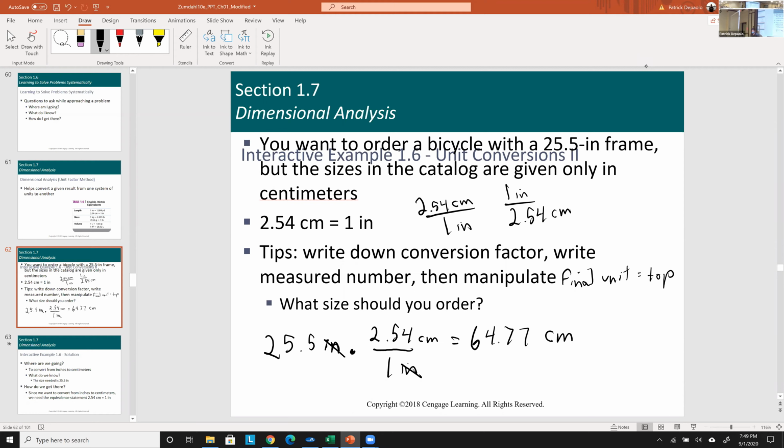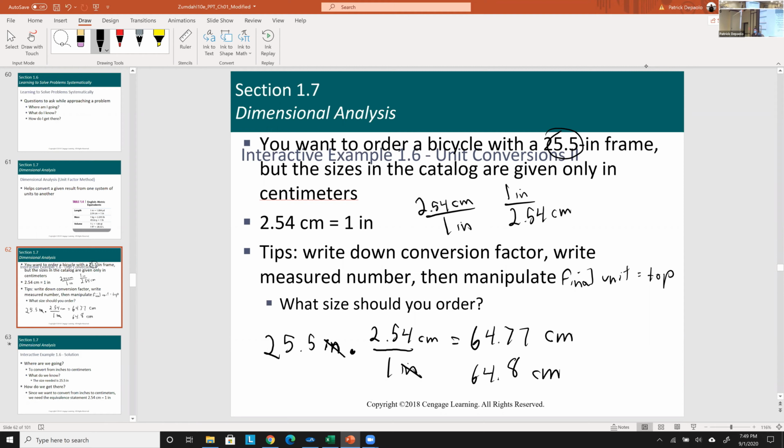So based on sig figs, what's the right answer? 64.8. Yeah, 64.8. Awesome. So 64.8 is the correct answer because our measured number here, the 25.5, has 3 sig figs. So that is the least sensitive number that we're dealing with, and we use that as our sig fig number.